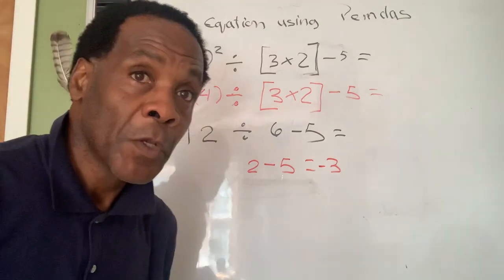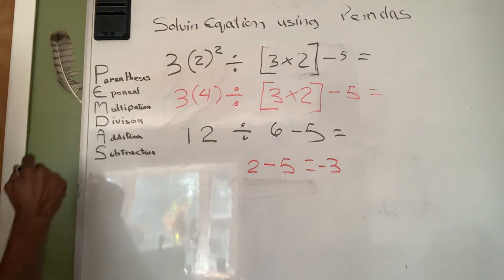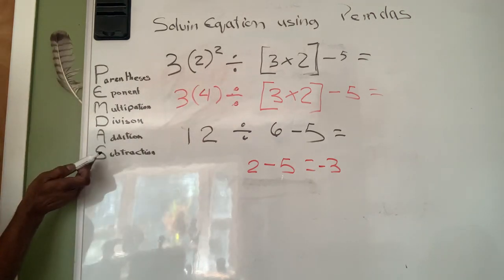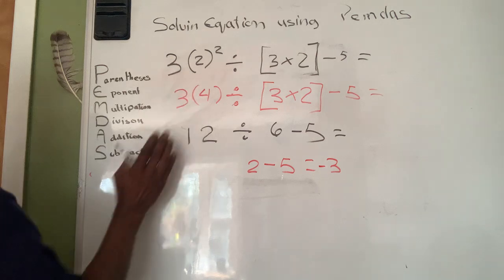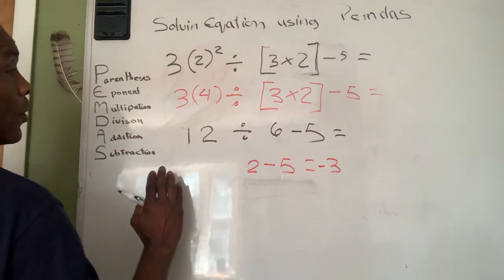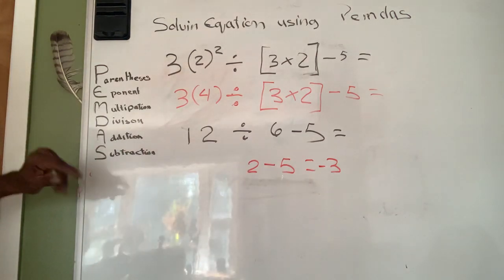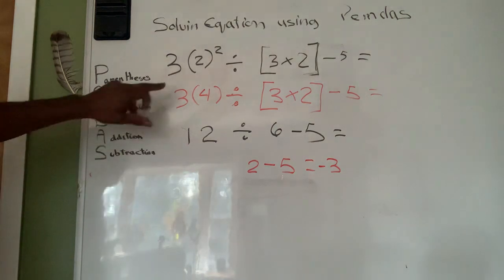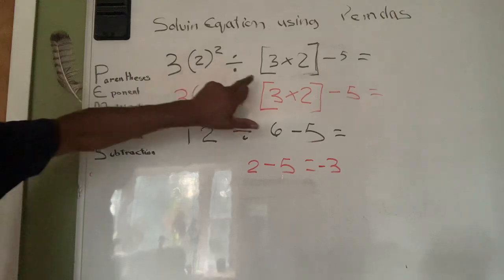So we know that since we have PEMDAS, we know how we're going to go in the order of operations, but sometimes we have to skip that, because here you have brackets.